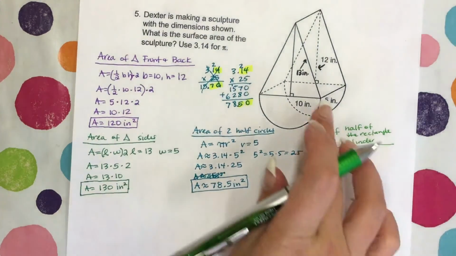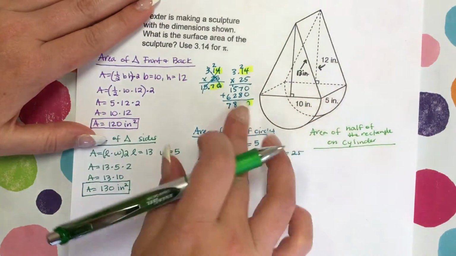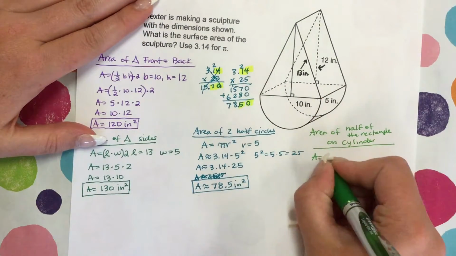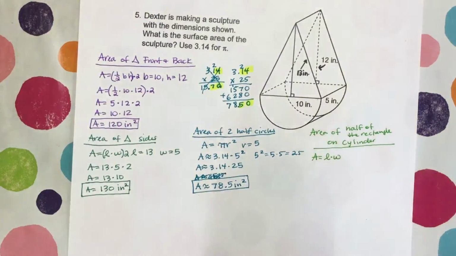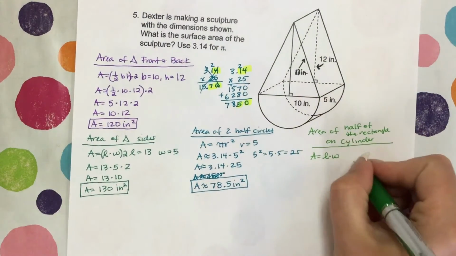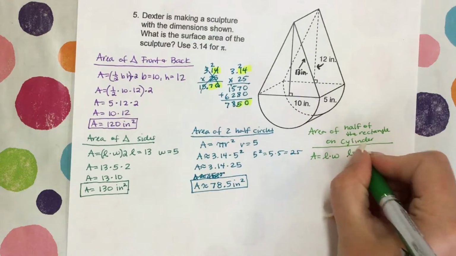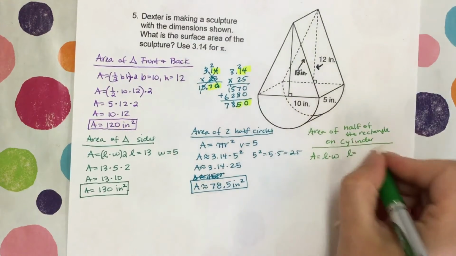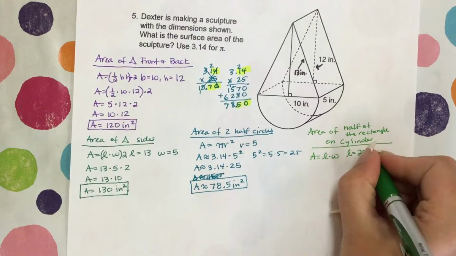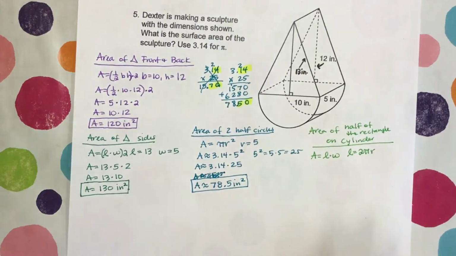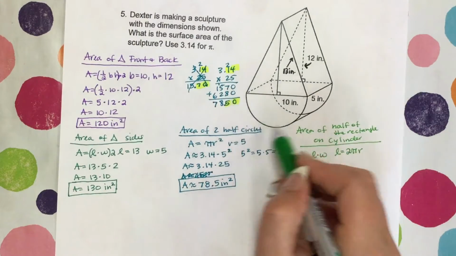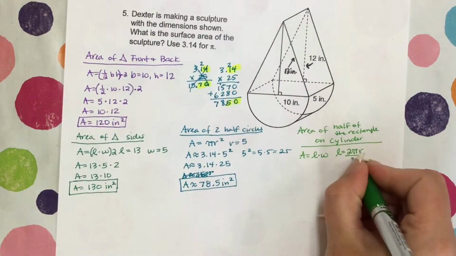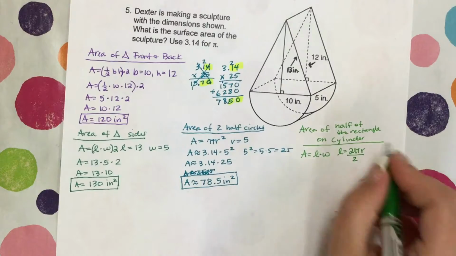So we know that the area of this rectangle part is going to be area equals length times width. Now the length portion, that is going to be the circumference of this circle. So 2 pi r, right? But it's only half of the circumference, so we have to divide this by 2.